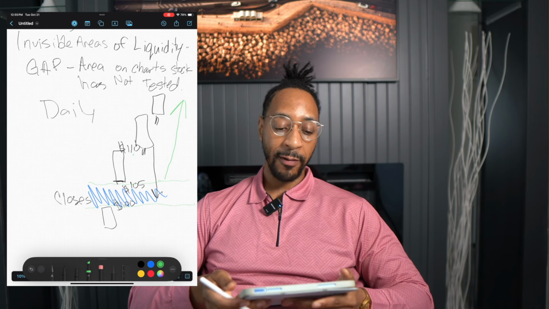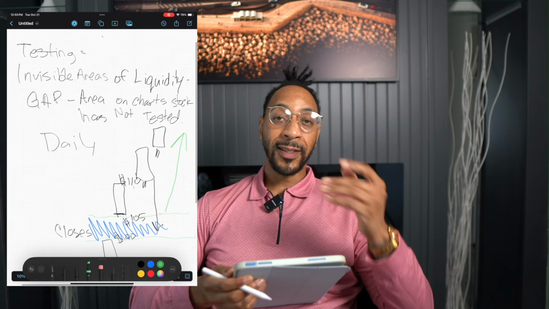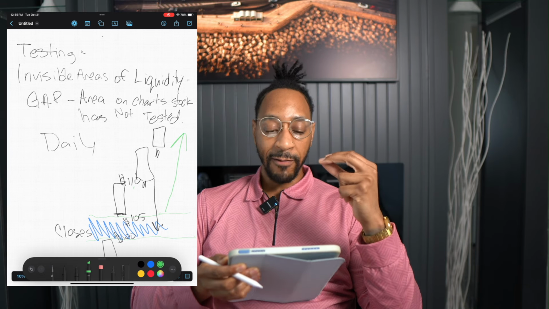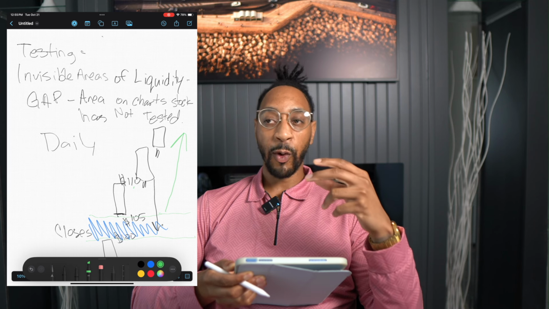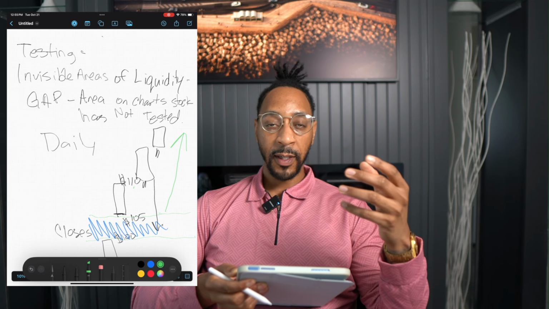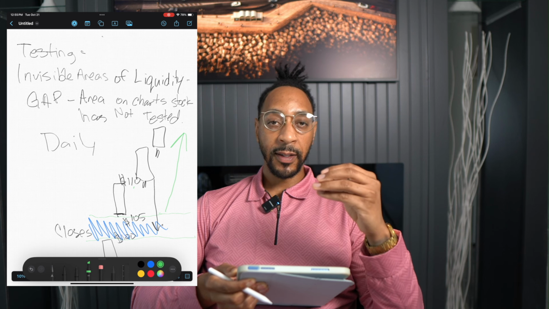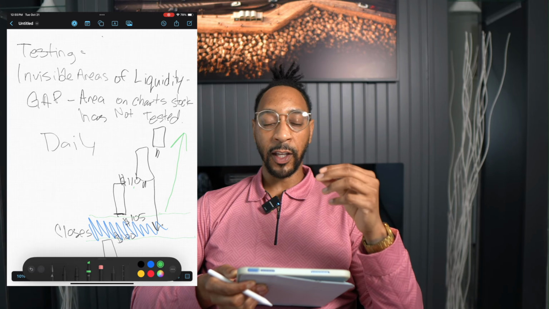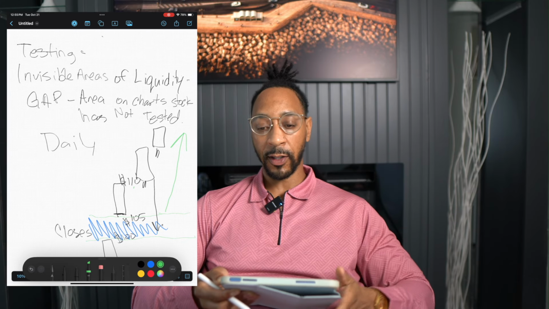All right, so stocks are always testing levels. And then they also have invisible areas of liquidity on multiple time frames. And if you could understand this, it could change how you trade and it could change how much money you can make. And then you will also be able to mitigate your losses.